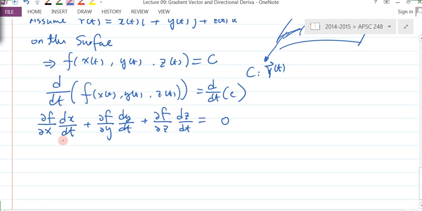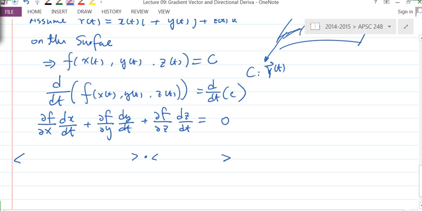If you look at this expression, I'm going to rewrite it using a vector dot product, so one vector dot another one.